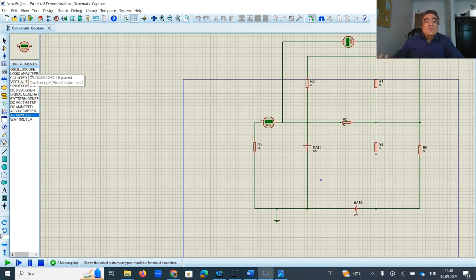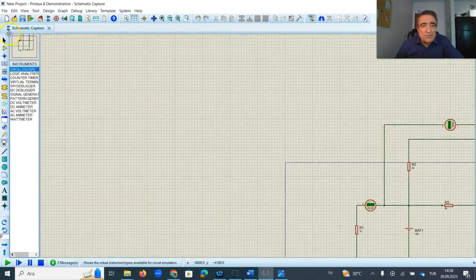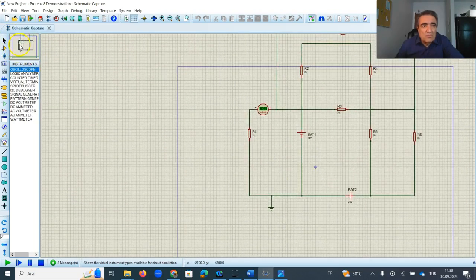We can use the oscilloscope directly here too. An oscilloscope is an instrument that can be used for finding the character of signals and other values. You can put any oscilloscope in your figure too.